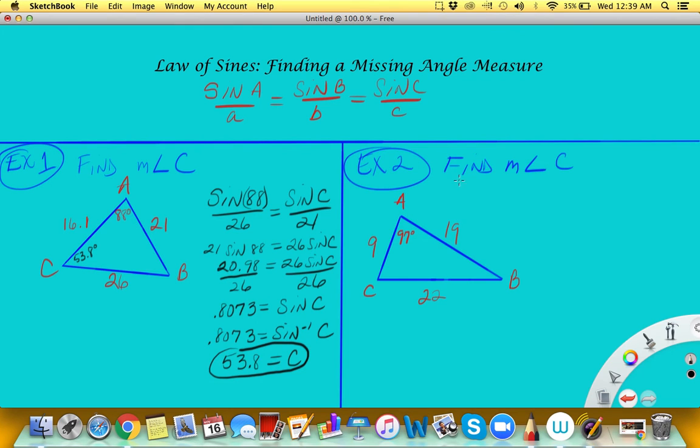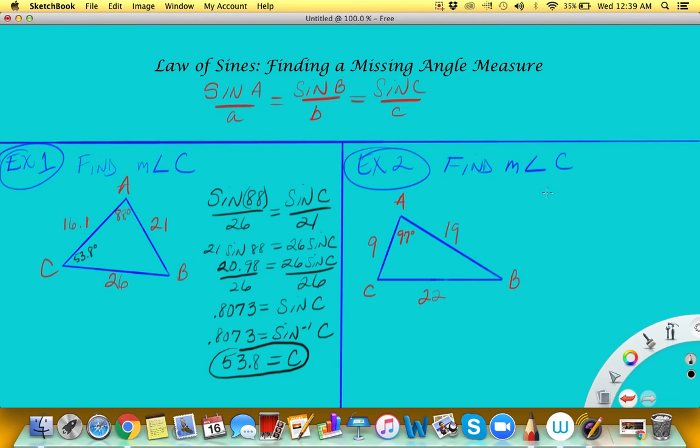For example 2, we have a totally different triangle. However, we're still going to find the measure of angle C. Notice they give us all three sides in this case, and they give us one angle, versus in the previous examples, where they were giving us two angles and one side, and we had to find the other side.